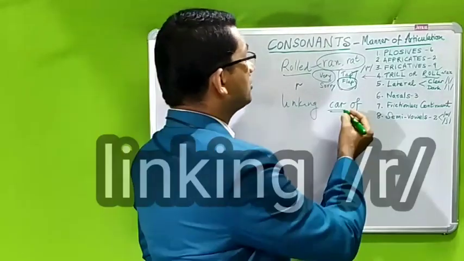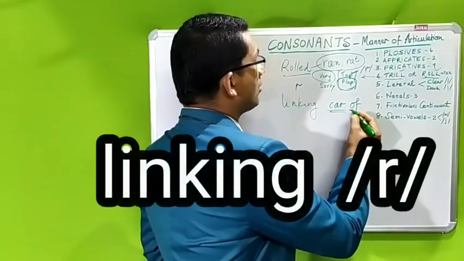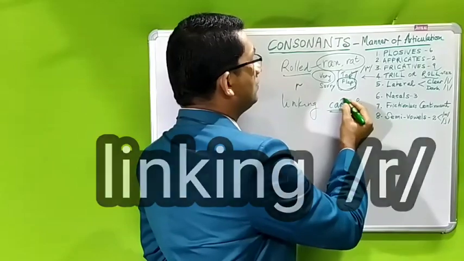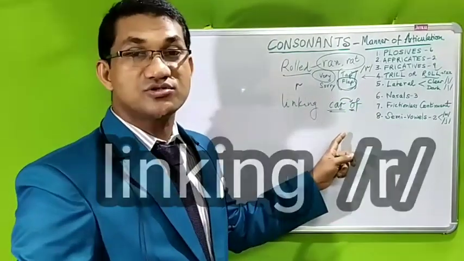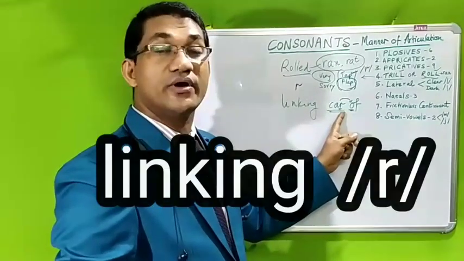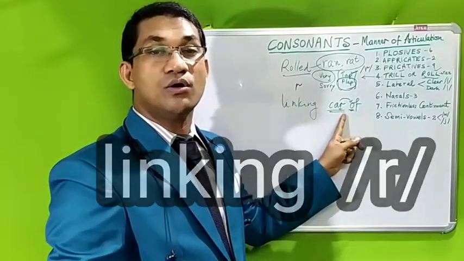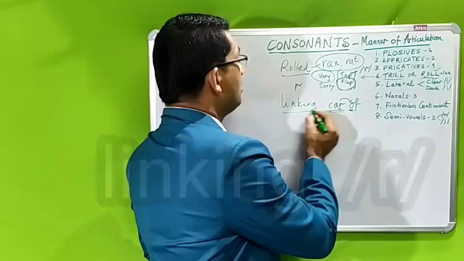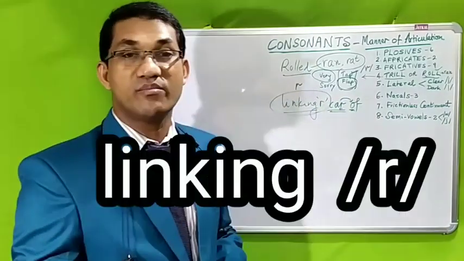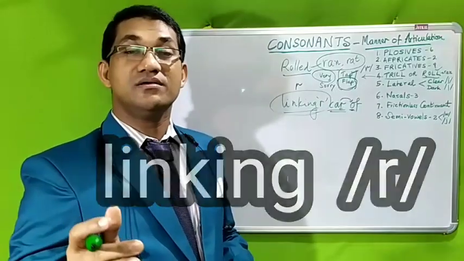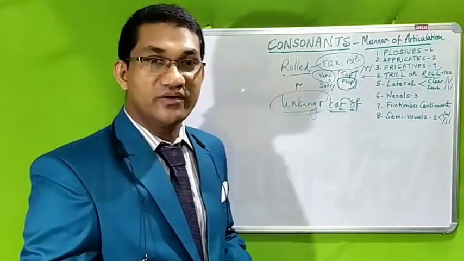Here you have the O sound, here you have the R, and next to the R is the vowel sound, and because of the proximity of the vowel, this R is audible, and such an audible R is known as linking R. So from the exam point of view, we may have to remember what we mean by linking R.